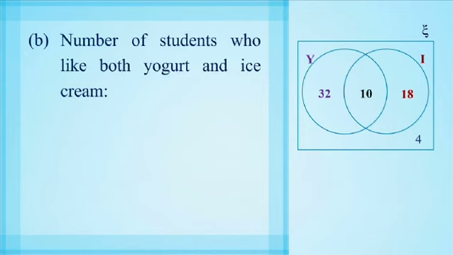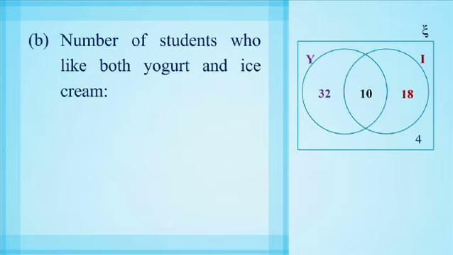Part B. The number of students who like both yogurt and ice cream. Here, we are looking for the intersection between the two sets. From the Venn diagram, we can see that there are 10 elements that lie in the intersection region, that is, 10 students who like both.